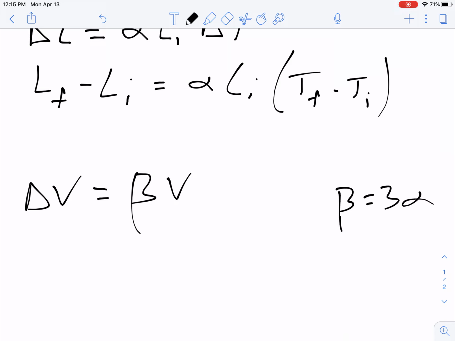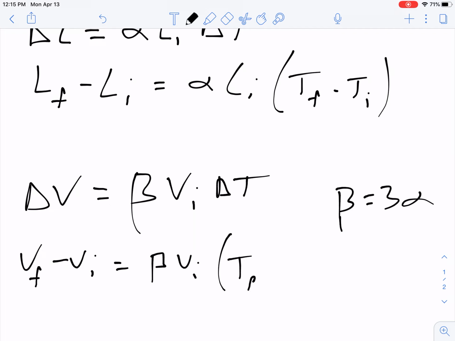Okay? Anyway, so we have the coefficient, the thing that is determined by the materials. You have the initial volume, same logic as with the initial size, right? The more of it there is, the more it can expand, and the change in temperature. And just like before, you could say that's just going to be V final minus V initial is going to be beta V initial times T final minus T initial, if you want to see it that way too.